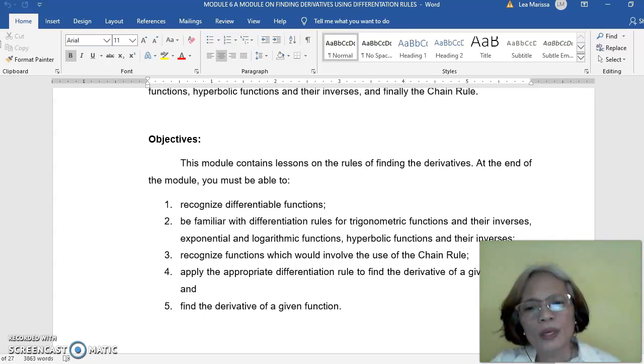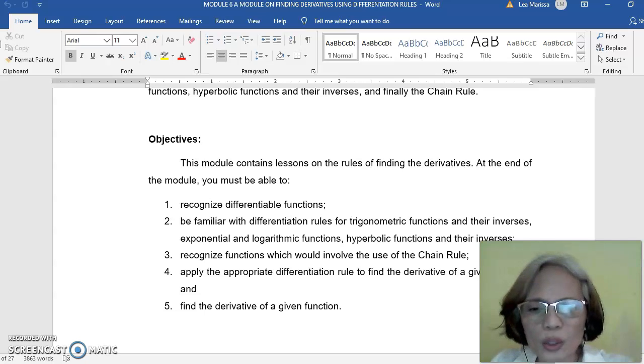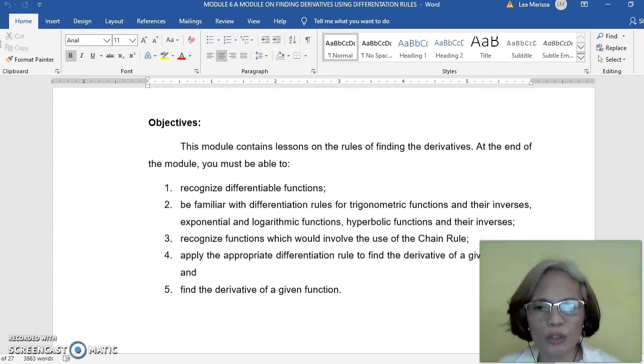The learner must be able to recognize functions and determine which differentiation rule is appropriate for that particular function. And the last objective is being able to find the derivative of a given function.